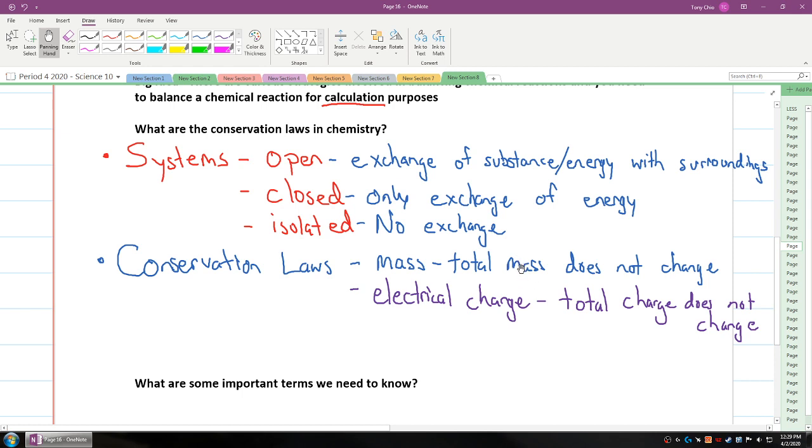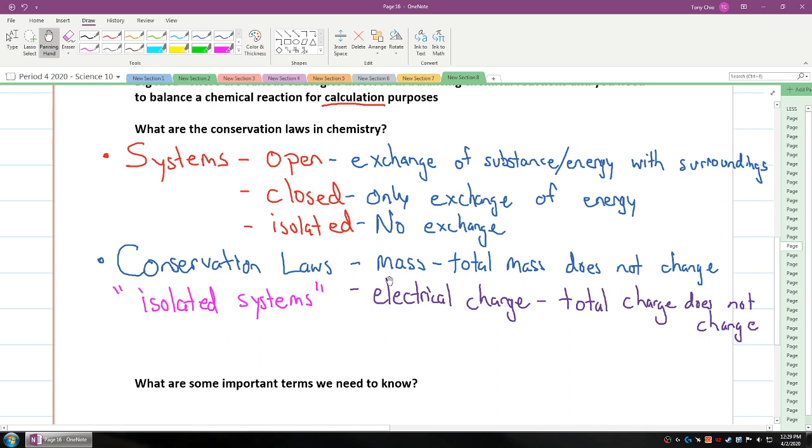After reaction, you should still have 120 grams, if it is an isolated system. So if it's an isolated system, conservation laws will be applied. Because if it's an open system, then mass will not be constant, it will not be conserved.